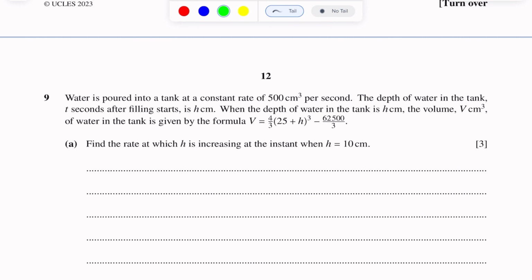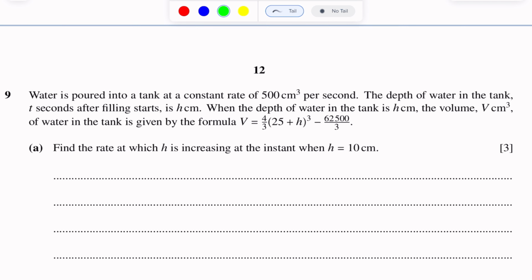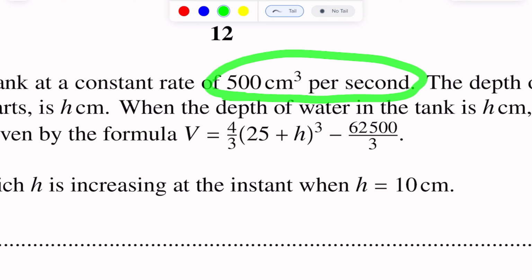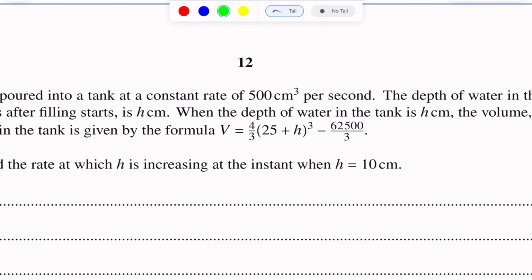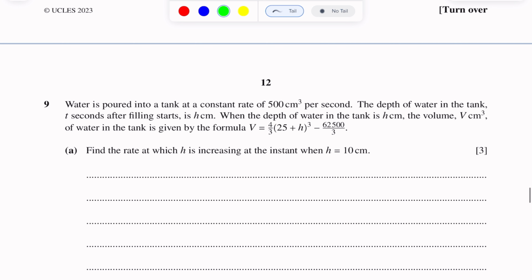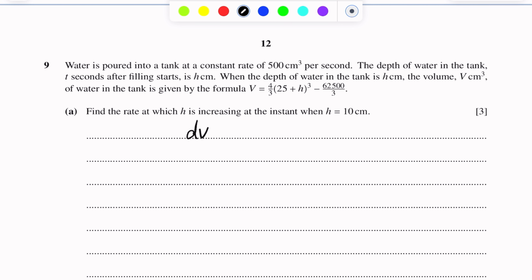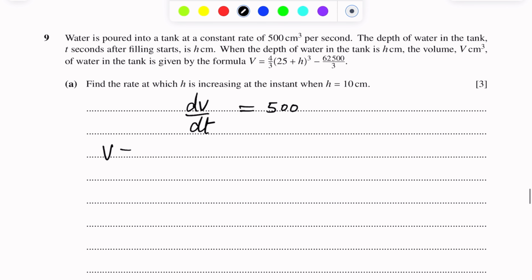Now dV over dt is given. This is the rate of change of volume, that is 500 cm cube per second. So we write dV over dt is 500, and the relation between volume and height is V is equal to 4 over 3 (25 plus h) whole cube minus 62500 divided by 3.